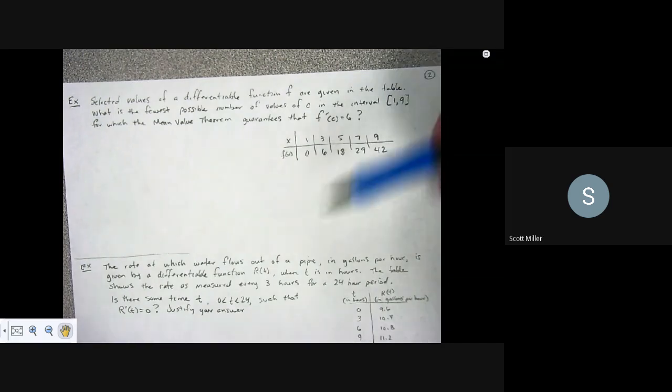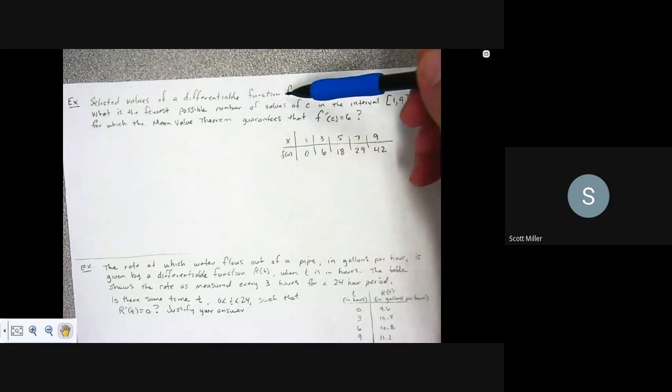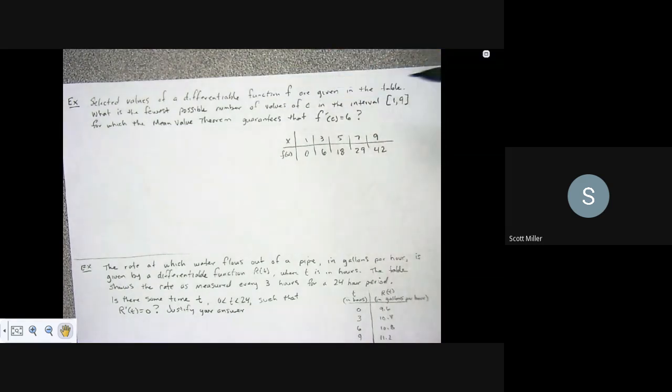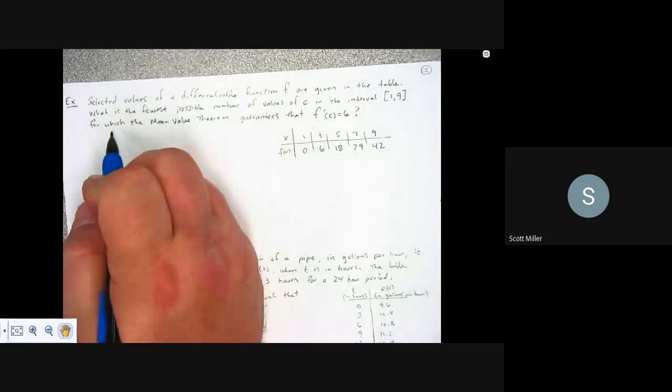First things first, we have a differentiable function f. Okay, if f is differentiable on an interval, then it is continuous on that interval. So remember, it's continuous on the closed, but differentiable on the open.